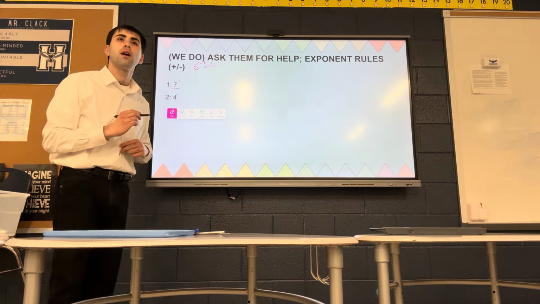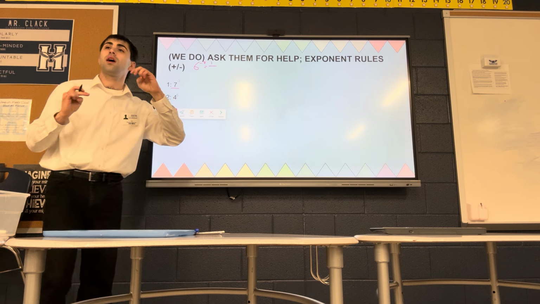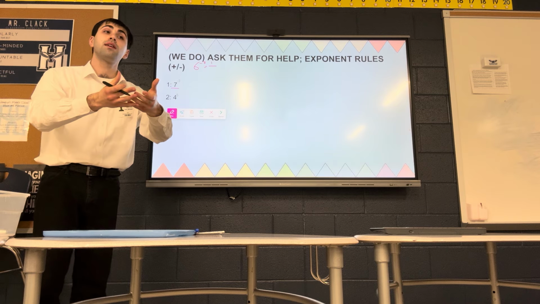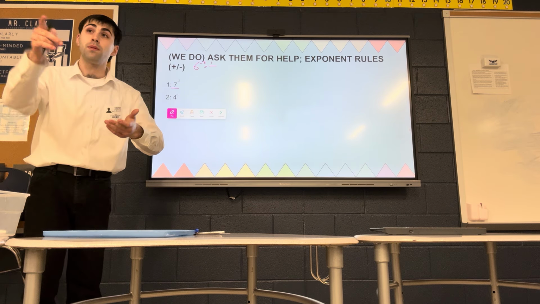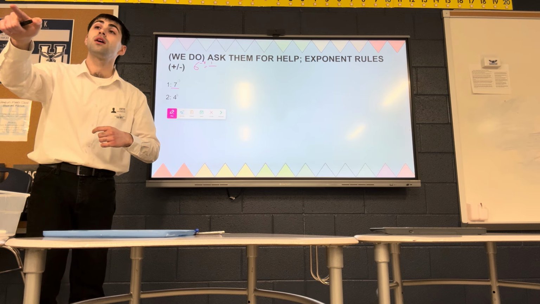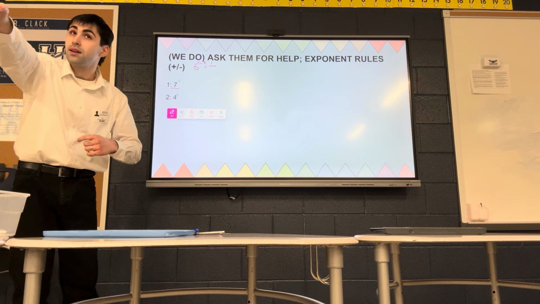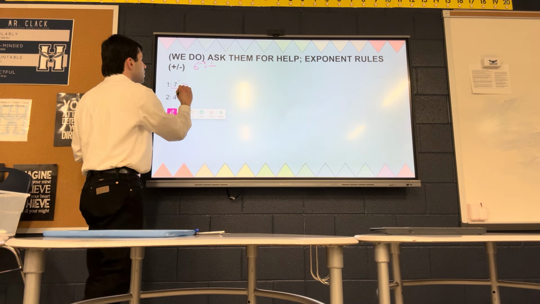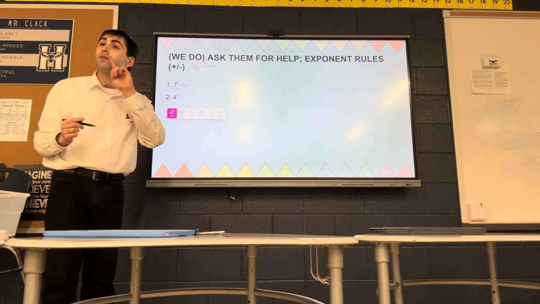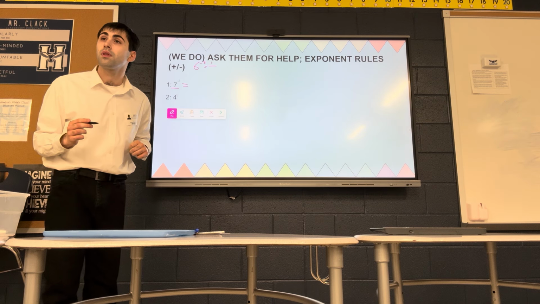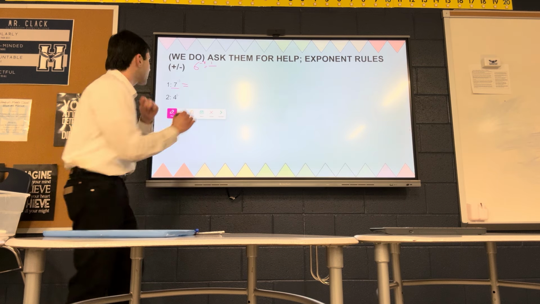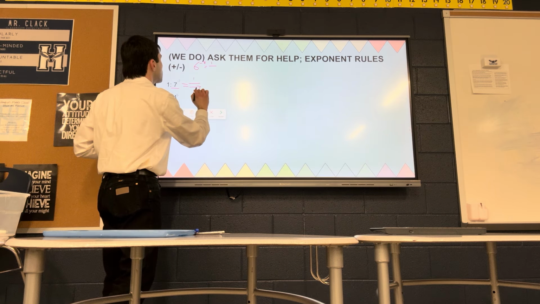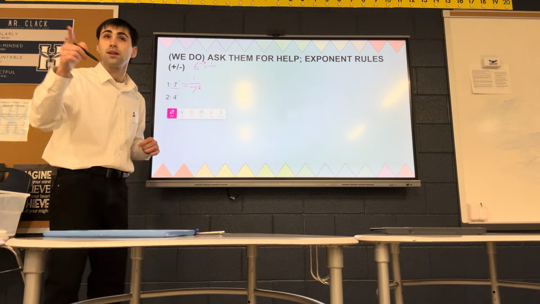You put it in the bottom, and then the 3 becomes a positive 3. Yes, correct. So how would it look? 1 over 7 to the power of 3. Yes, 1 over 7 to the power of 3. Exactly.